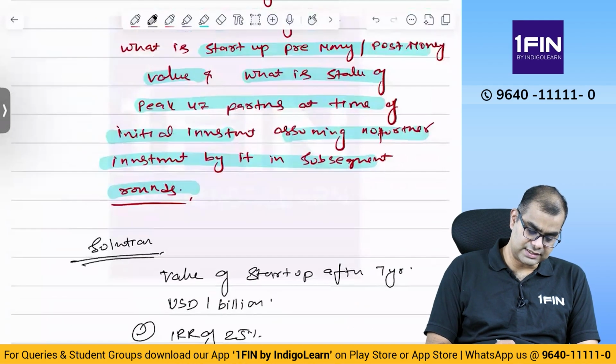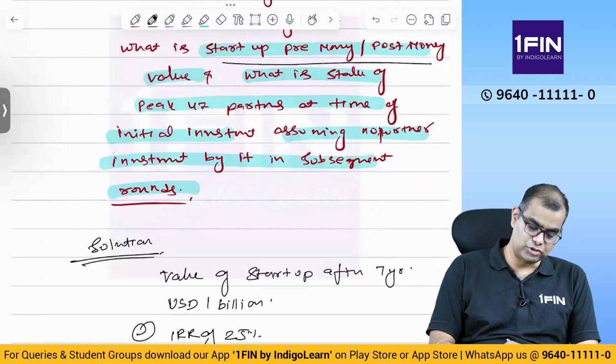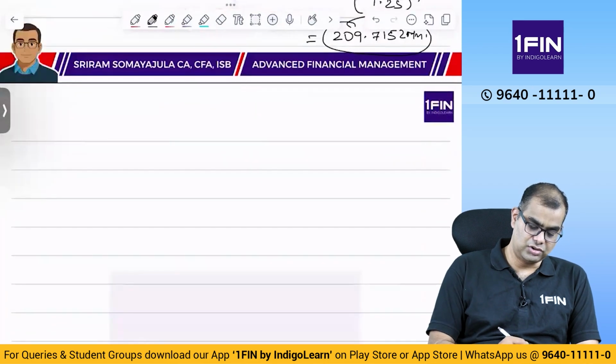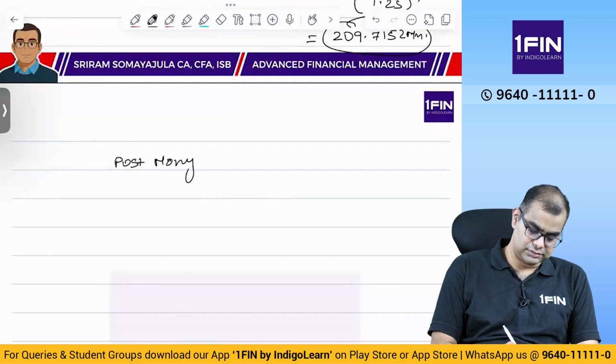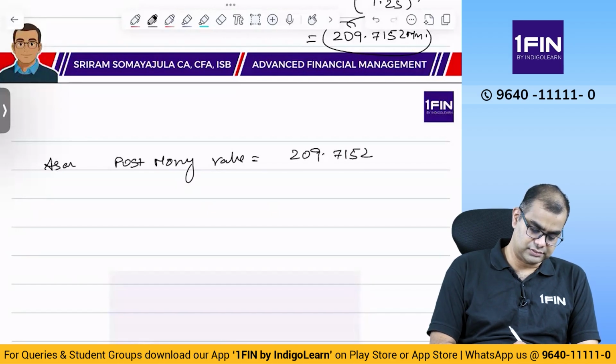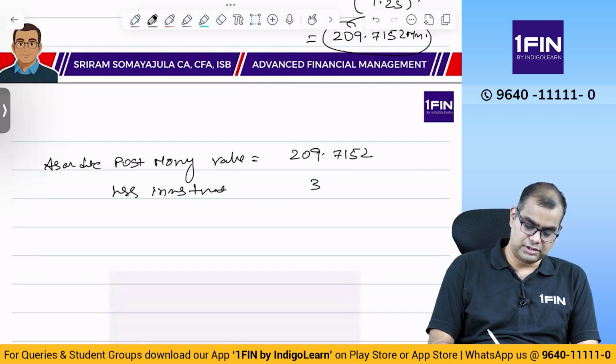What are the questions that they asked? What is the startup's pre-money and post-money value? What is the stake of Peak 47 partners at the time of initial investment? So, the post-money value, this number, is the post-money value, 209.7152 as on date, less the investment, 3 million.